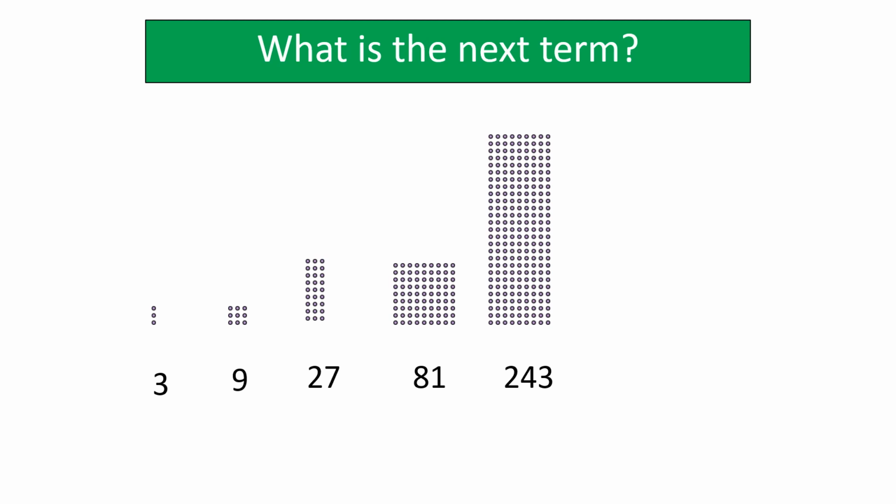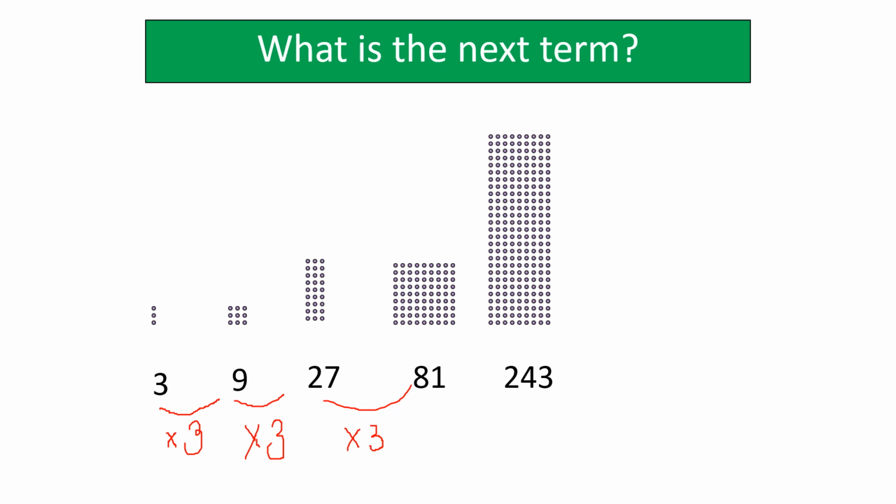And you will find that each term is multiplied by 3. I do wish this would write nicer, but you get the general idea. So from term to term, we are multiplying by 3.